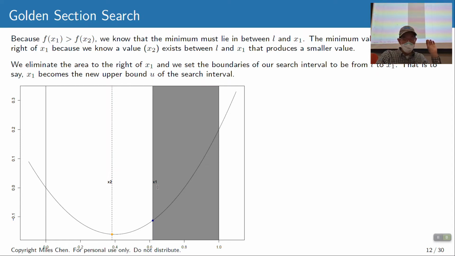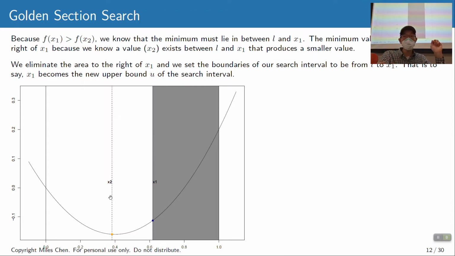What I can do is I want to find two internal points. I want to find a point that's 0.618 of the way up to x1, and I want to find a point that's 0.618 of the way from x1 down to 0. Okay, what is the point that's 0.618 of the way from 0 to 0.618? It's going to be 0.618 squared, and that's this location x2.